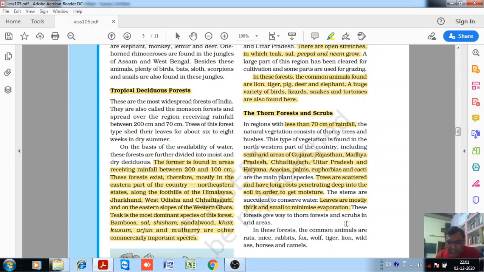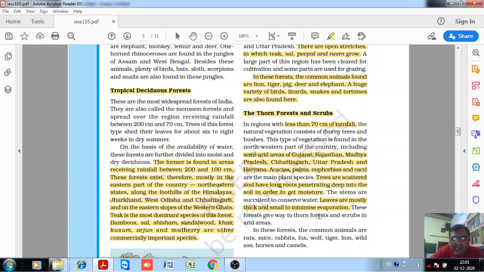So the size of the leaf describes the climatic conditions as well as the relief conditions. In thorn forests the size of the leaf is very small, and naturally it has adopted this function to minimize the evaporation.